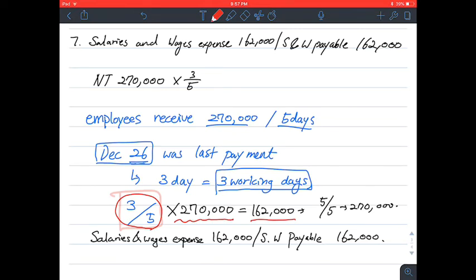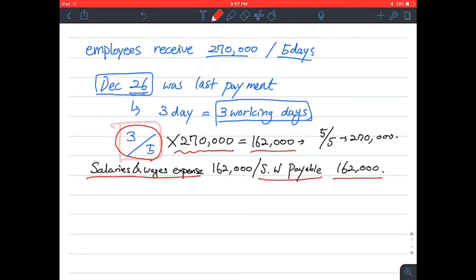And we have to take it journal as a salaries and wages expense by $162,000, and salaries and wages payable by $162,000, the same amount, because the company has not paid yet, but it has to record this amount because the work is already performed by the employees in year 2017.